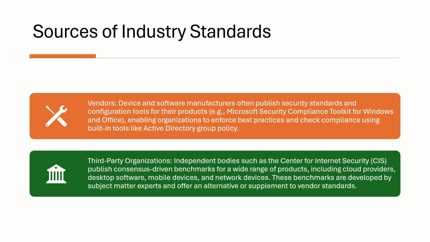Here, the vendors, that is the device and software manufacturers and commercializers, usually publish security standards and configuration tools for the products that they have on the market. This is to permit companies use these products with a certain degree of security compliance.